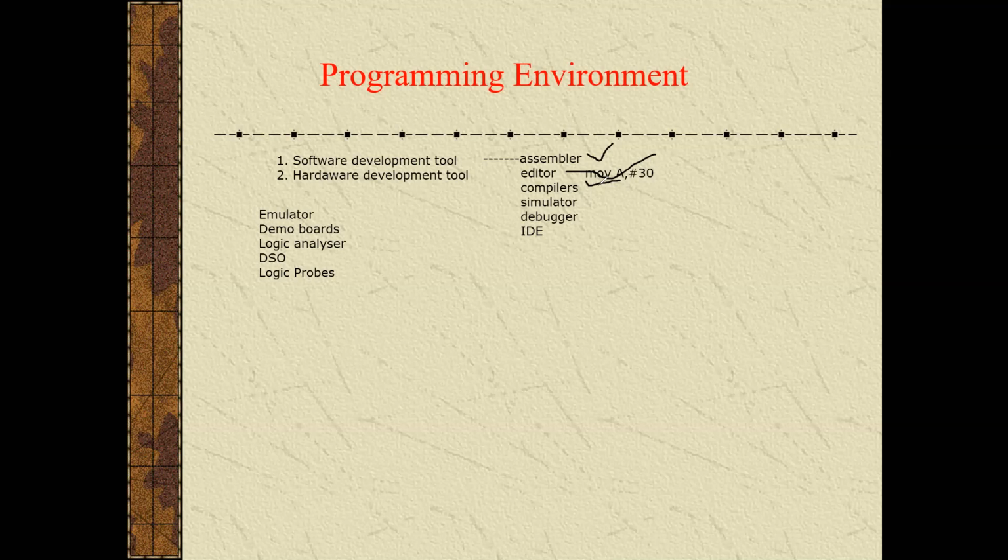The program written in a high-level language is called the source program, and the program that is compiled for the machine is called the object code. The compiler translates the source program into a relocatable object module.